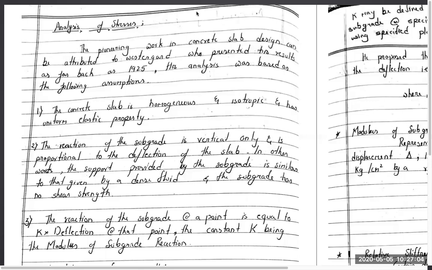Temperature stresses. Exactly. So when there is a variation in the temperature, there is always a stress which is caused. So we have temperature stresses. One with respect to daily variation, which causes warping stresses, and one which is due to seasonal variation, wherein expansion of concrete takes place, contraction of concrete takes place.